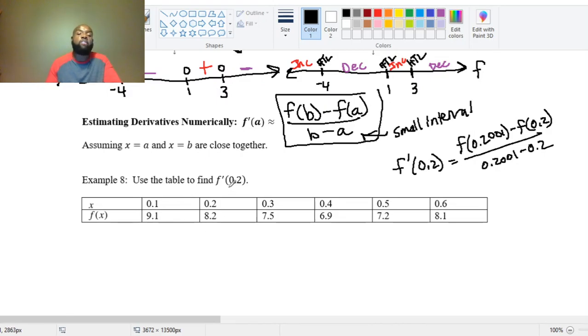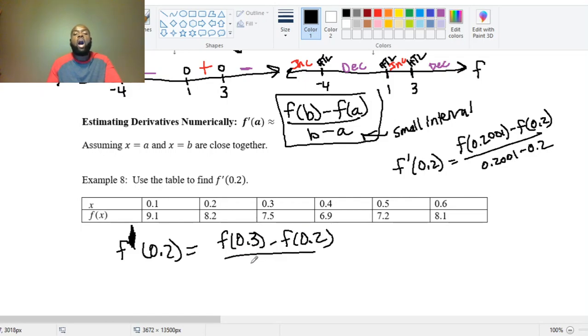So if I want to find f prime of 0.2, I can do f of 0.3 minus f of 0.2 all over 0.3 minus 0.2. f of 0.3 is 7.5, f of 0.2 is 8.2, all over 0.1.